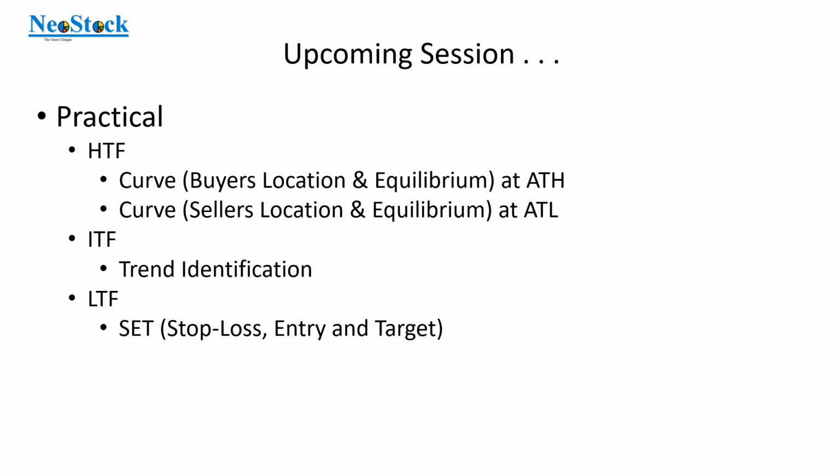So it is easy to find all-time high stocks. But I am not sure which stock is at all-time low, or if there are any stocks at all-time low. So I will take the help of our NeoStock software to find if there are any stocks near all-time low. If I find any stock, I will be able to show you an example at all-time low. But all-time high, we get plenty of stocks now.